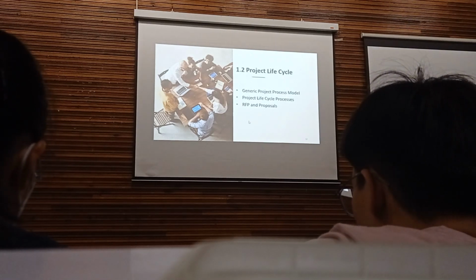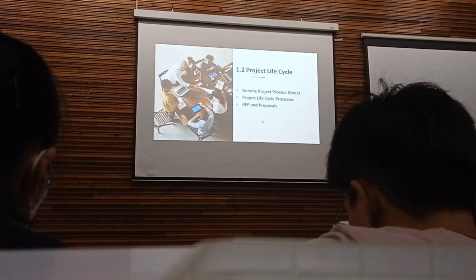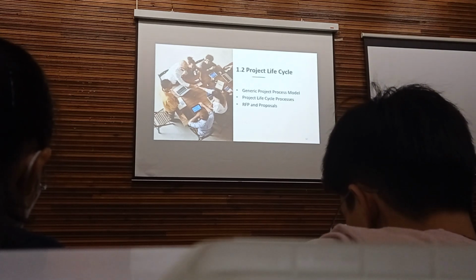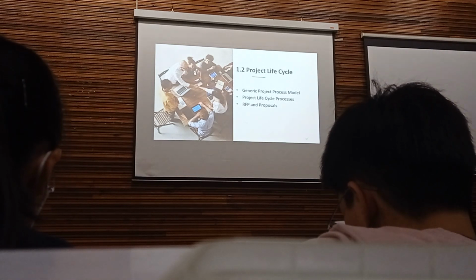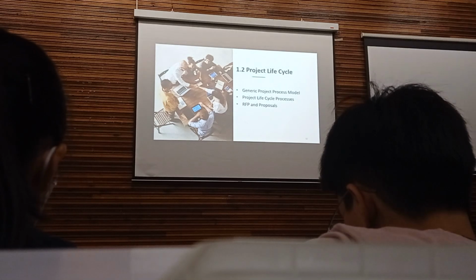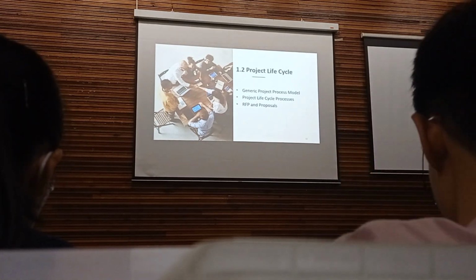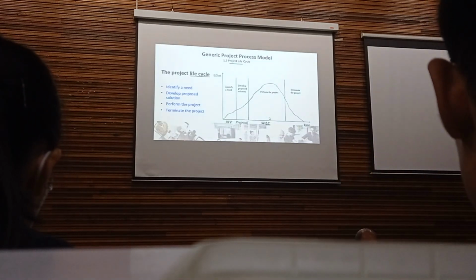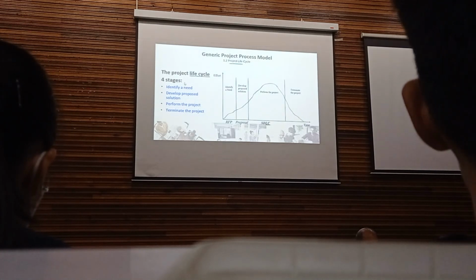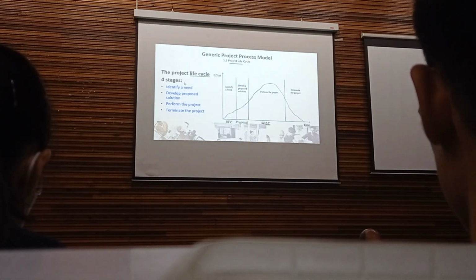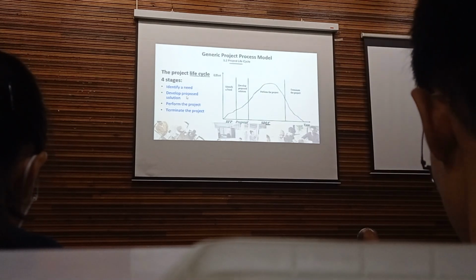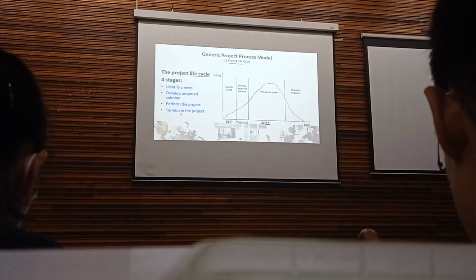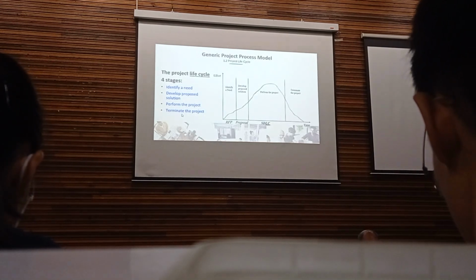Okay, next, project life cycle. You may have heard of the software development life cycle. Another life cycle is the project life cycle. The project life cycle has 4 stages: identify a need, develop proposed solution, perform the project, terminate the project.